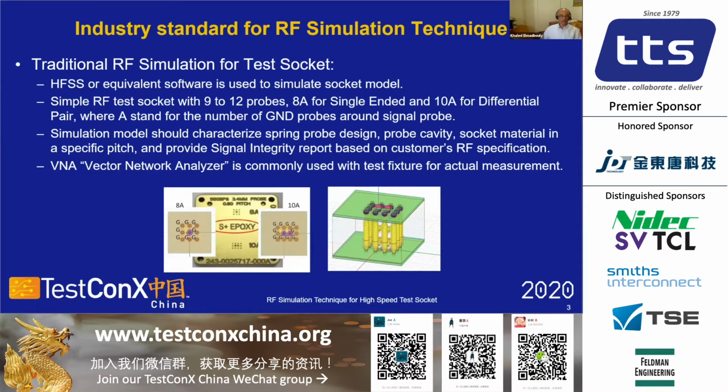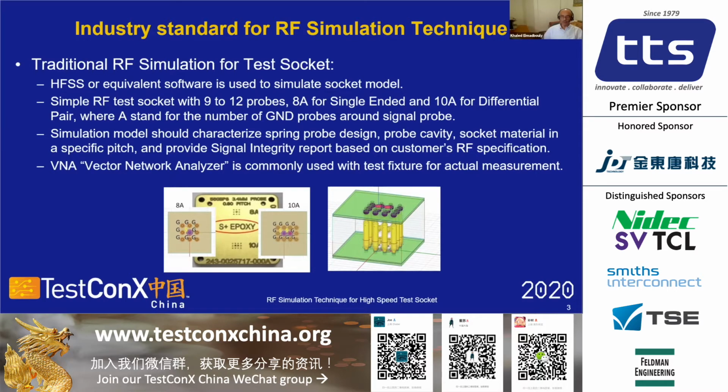So what is the standard for RF simulation of this socket? Most of the industry really is using a simple test block or simple socket, 9 probe or 12 probe, where A stands for the ground probe around the signal, usually 8A for single-ended or 10A for differential.